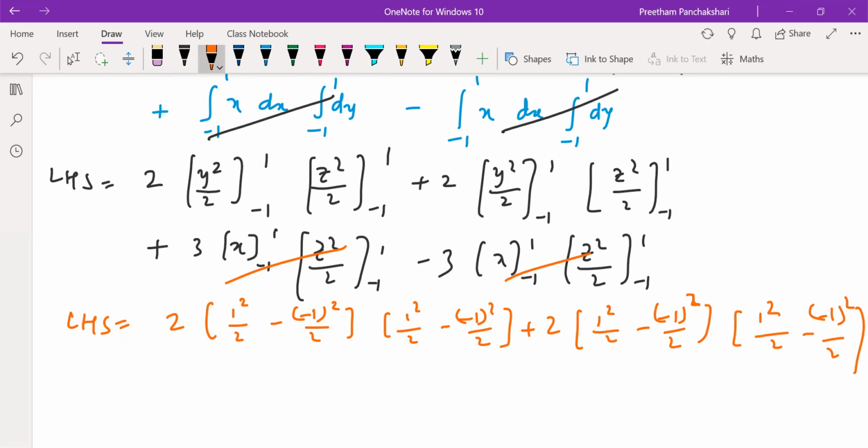Right? So now we can easily see here 1 square by 2 is 1 by 2, -1 square is also 1 by 2. This is going to be 0 and this is going to be 0. So the total answer on the left side is 0. So for vector D, the total electric flux leaving the closed surface is 0.